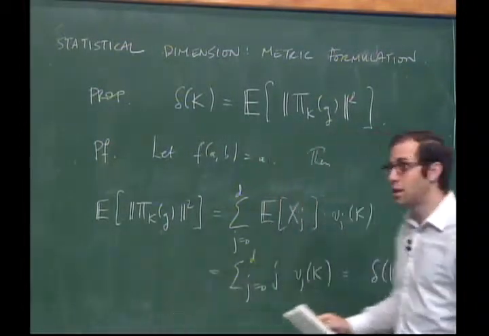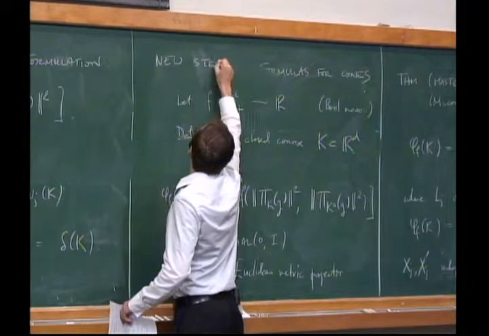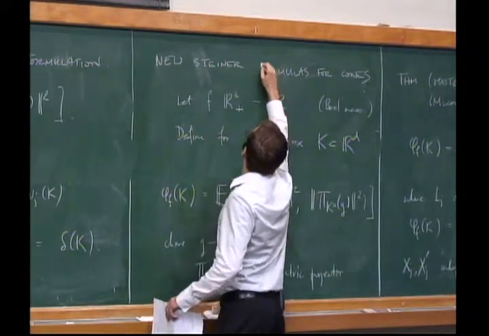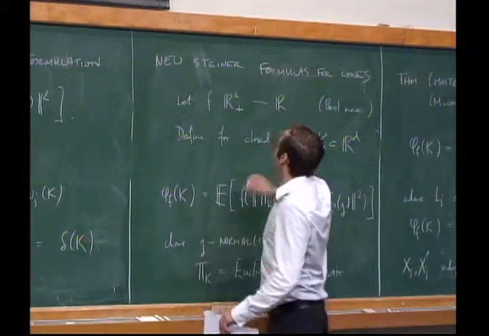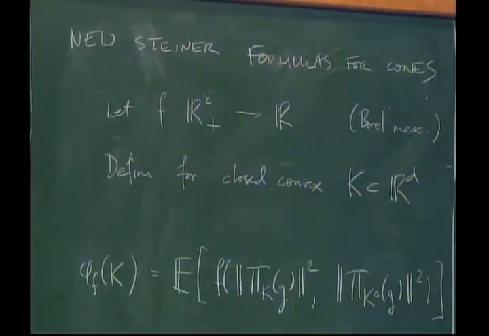Now, as I said before, the reason the statistical dimension was an interesting parameter was, in large part, because the intrinsic volumes concentrate at that point.